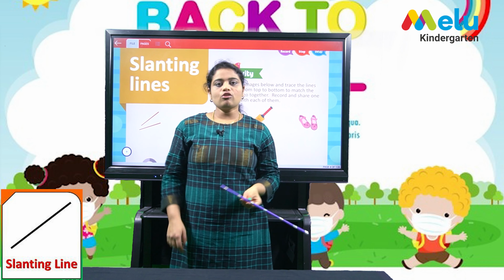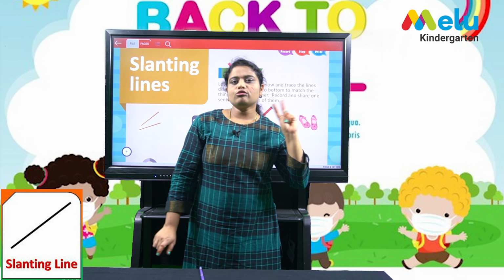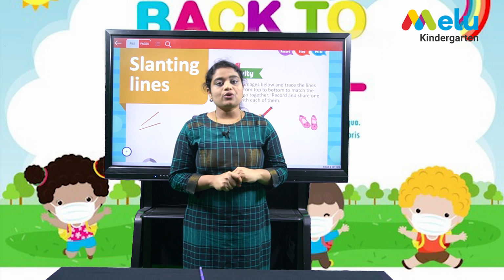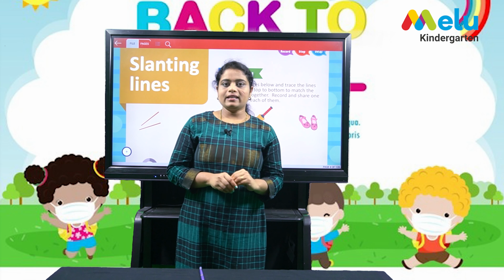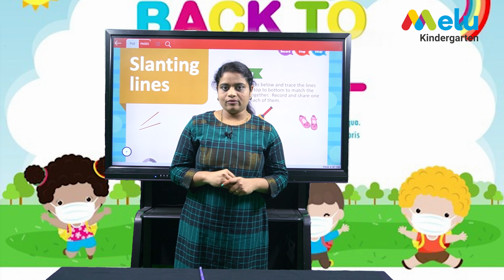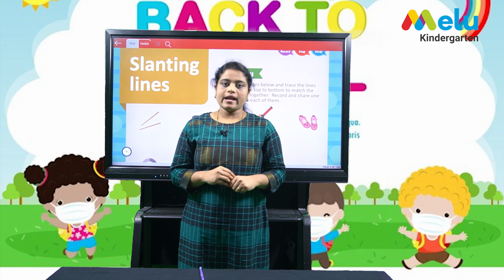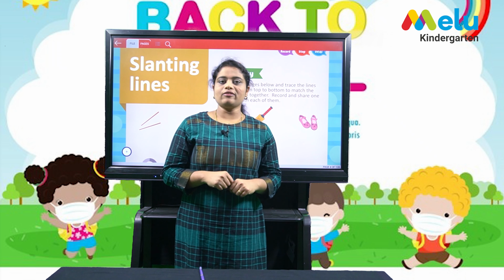Yes children, so we have two types of slanting lines. Yes children, so we have a right slanting line and a left slanting line. Okay, so now let's see what is right slanting line and left slanting line.